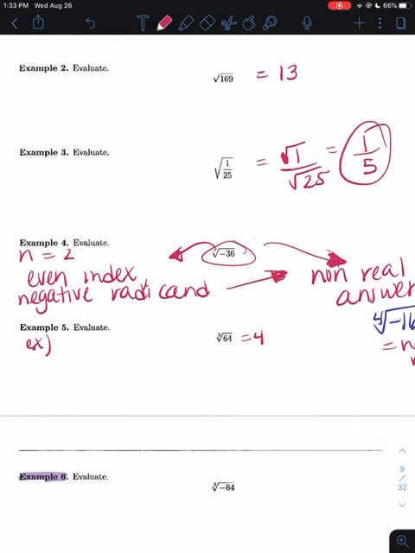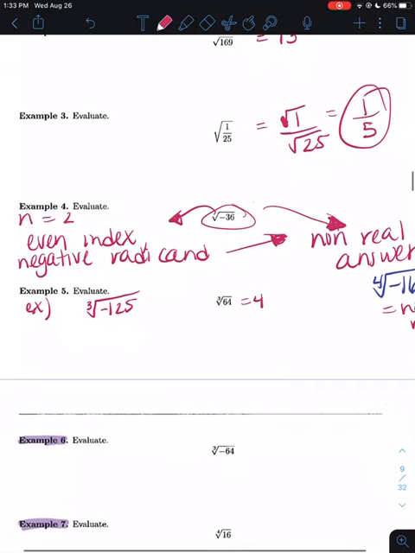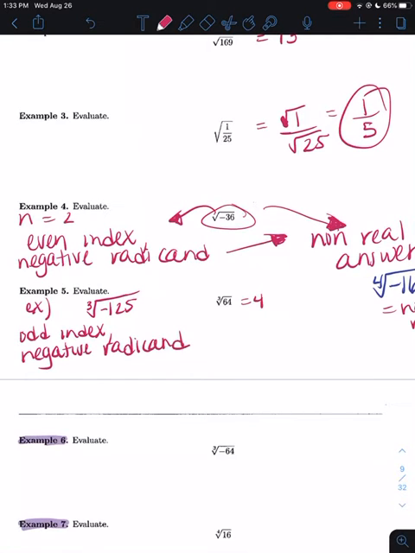All right, what about if we look at something like the cube root of negative 125? If you have an odd index and a negative radicand, your final answer is negative. So basically, when it comes down to the cube root of negative 125, it's going to be negative something.